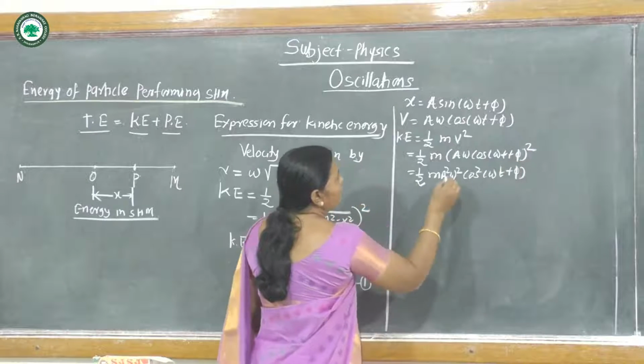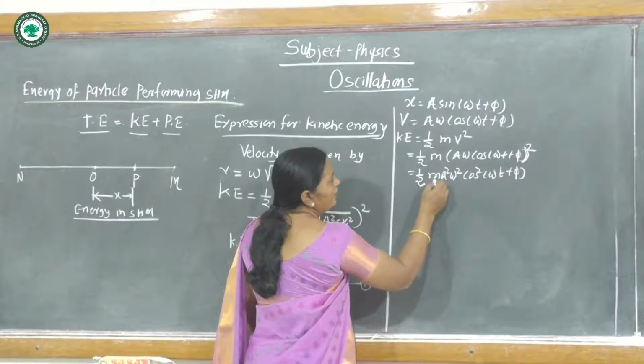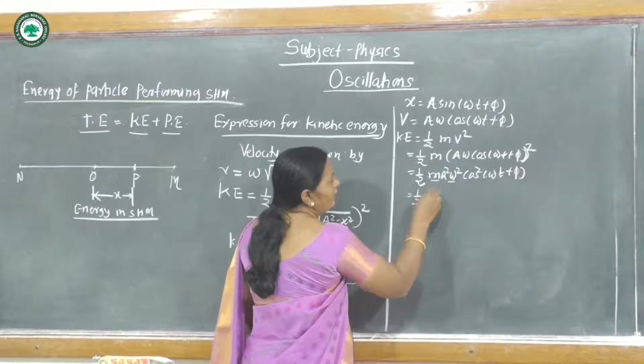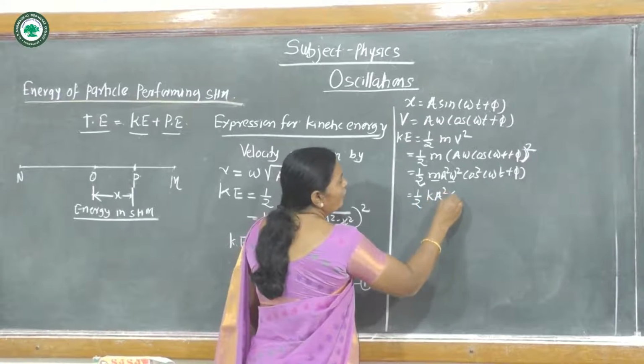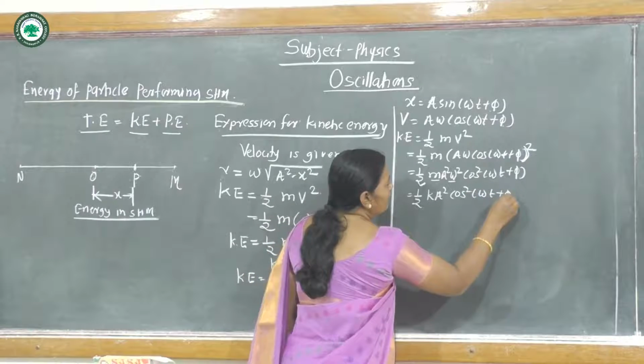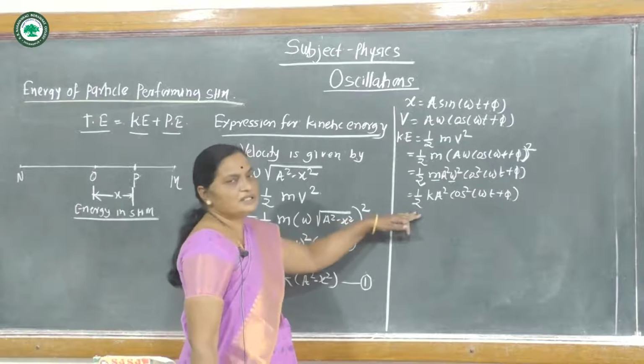Now we can write m omega square as k, so kinetic energy is 1/2 k a square cos square(omega t plus phi). We can write kinetic energy with this equation also.